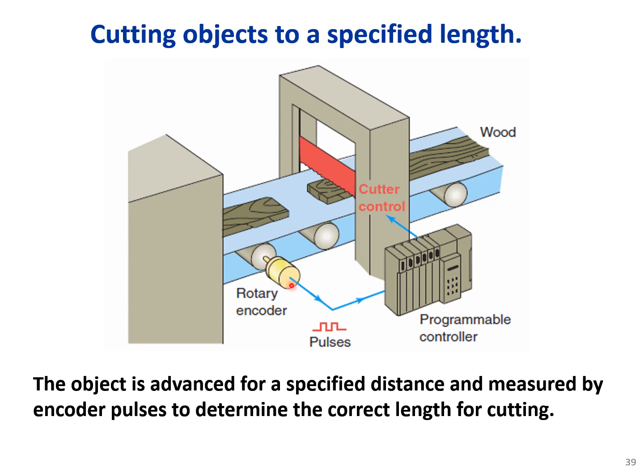Because the speed is constant, we need to count a specified number of poles to have a constant length for each wood. So the object is advanced a specified distance and measured by encoder pulses to determine the correct length for cutting.